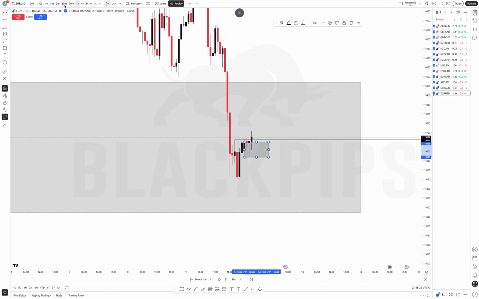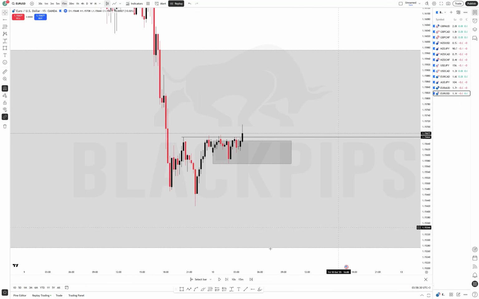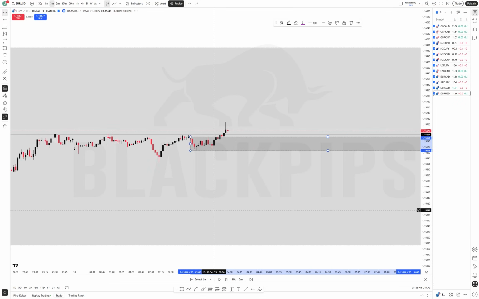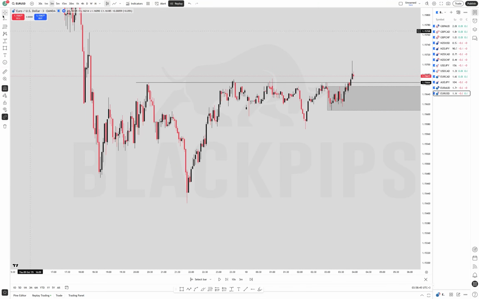On the 15 minutes time frame, we can see that we had this inside formation with another inside formation, so we can consider that inside formation there. Then we go back to the 30 minutes time frame, where we can find this inside formation down here, which was not yet taken.